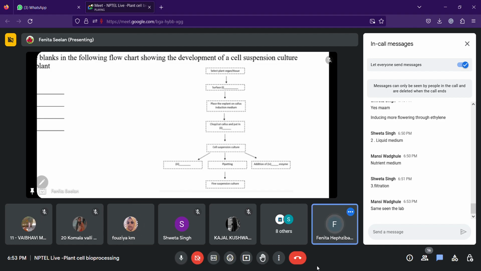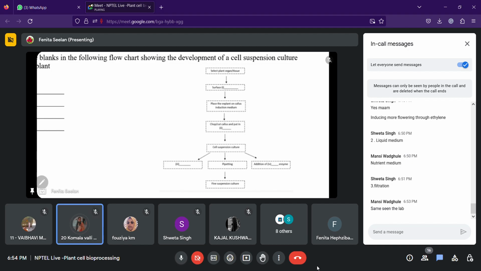So how do you visualize this when I say surface sterilization? Washing with running tap water, and after that, 70% ethanol and mercury chloride, using laminar airflow chambers.